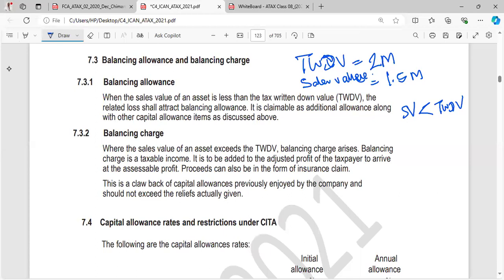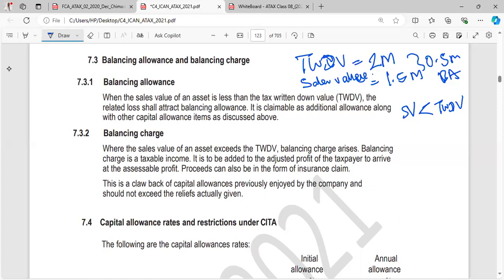So the difference of 500,000, which is 0.5 million, is a balancing allowance. That difference you couldn't collect because you sold your asset for less than the tax written down value is a balancing allowance. So it is claimable as additional allowance along with other capital allowance items discussed above.